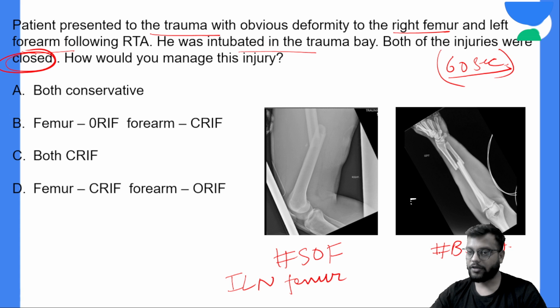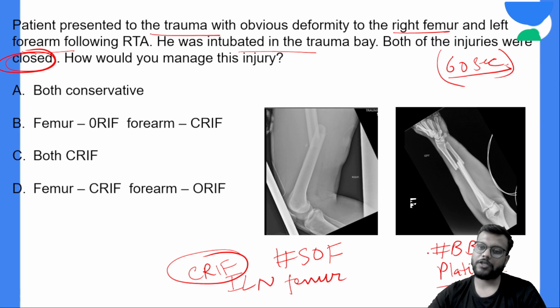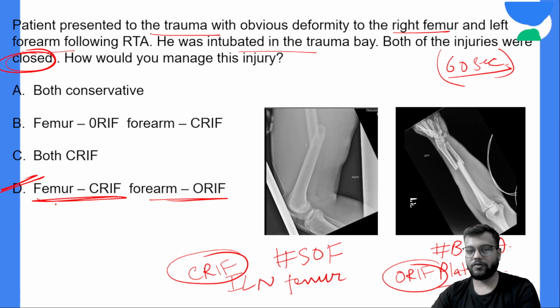The treatment of choice for the femur is interlocking nail, ILN femur, and for the forearm it is plating of both radius and ulna. So this is CRIF, closed reduction internal fixation, and this is ORIF, open reduction and internal fixation. So the answer will be CRIF in femur and ORIF in forearm, so the answer will be D.